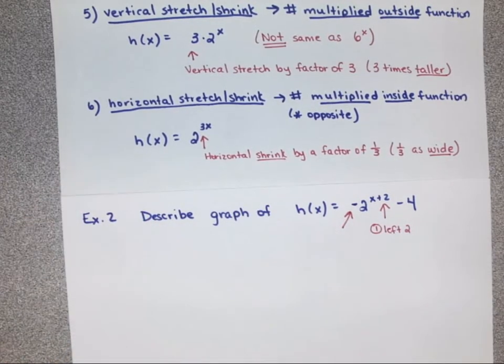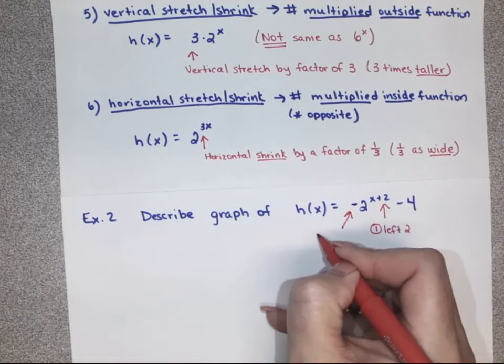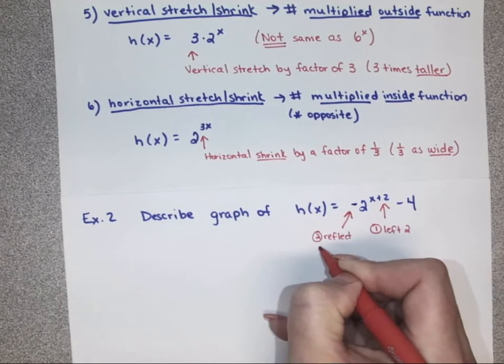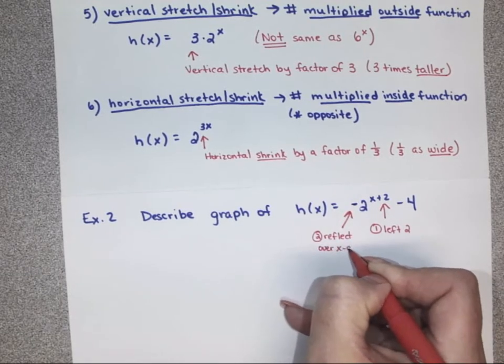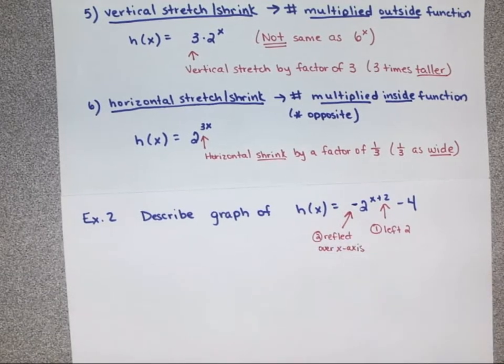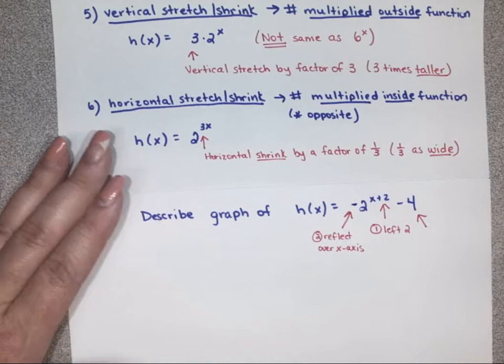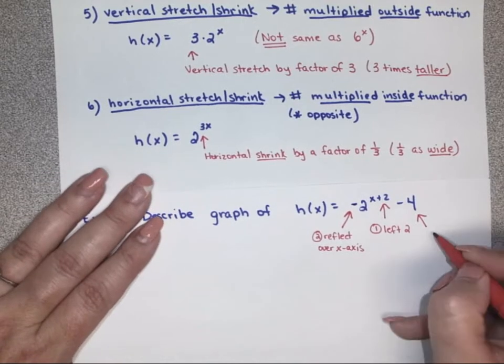Is it outside or is it inside? Inside would mean in the exponent itself, right? And it's definitely not there, right? So it's to the front, on the outside. So this would be a reflect over what? X. Okay. When it's inside, it's Y. When it's outside, it's X. And then last but not least, what would the -4 tacked on the end of the problem do? Down 4.